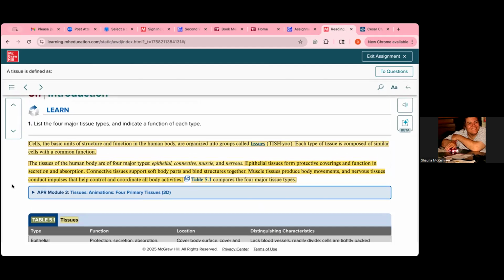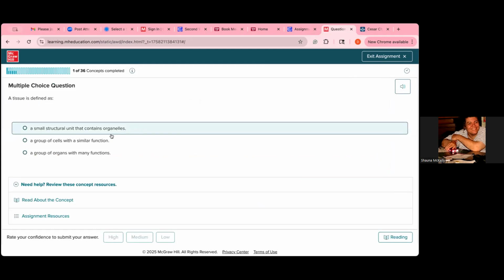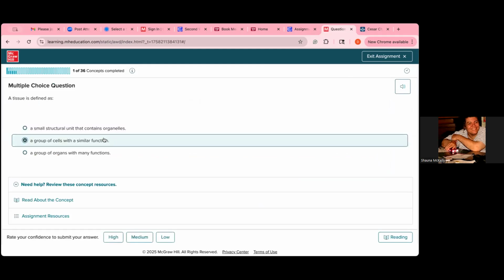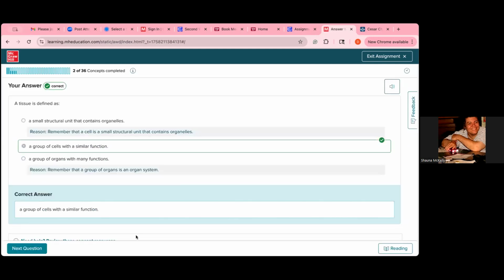Each type of tissue is composed of similar cells with a common function. So it's a group of cells with a common function. Tissues are a group of cells with a common or similar function. So it's the middle one. Good.